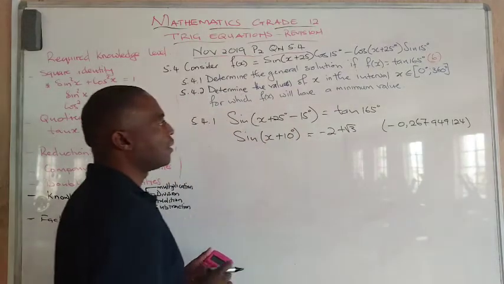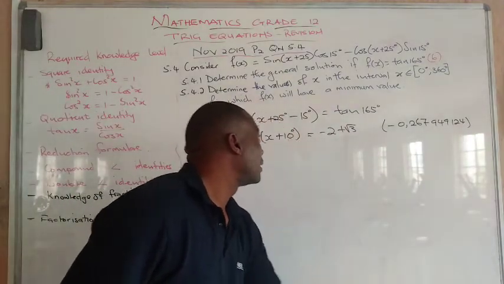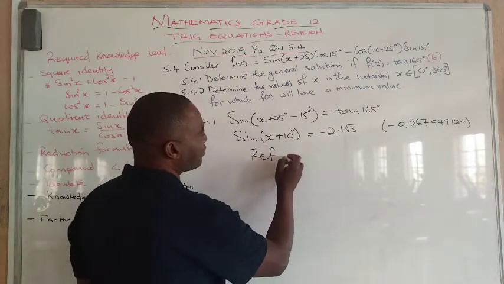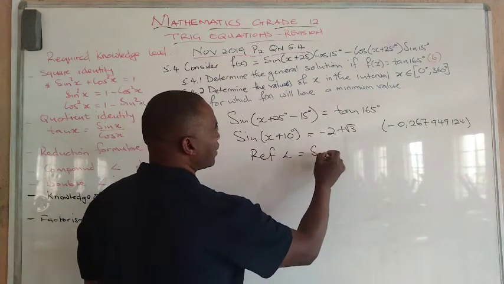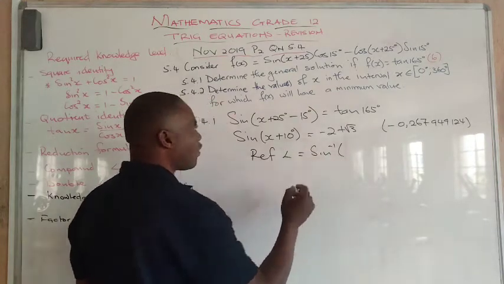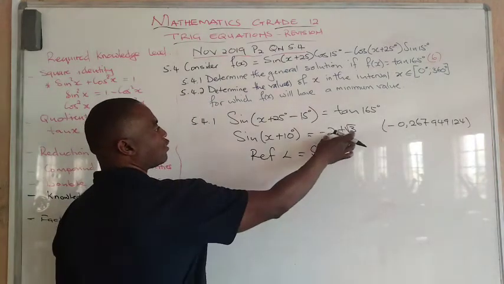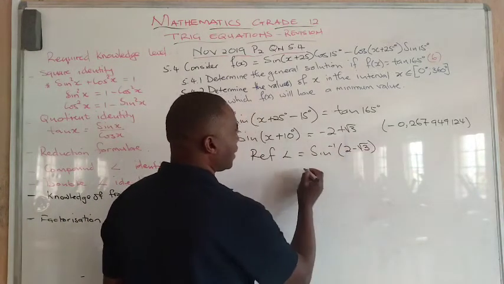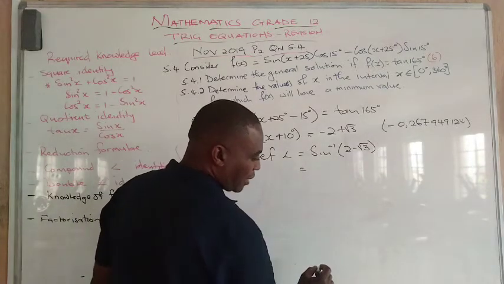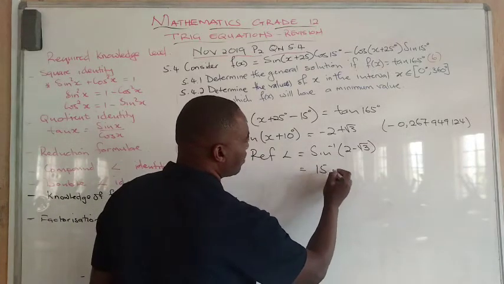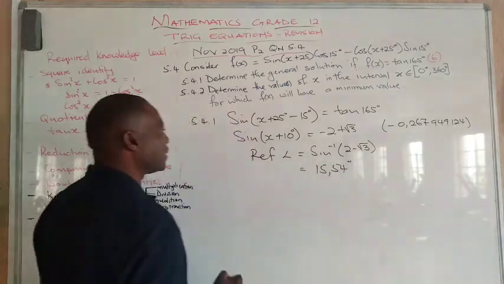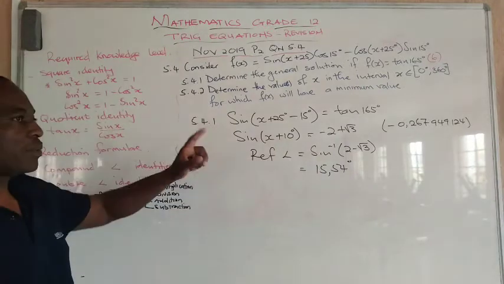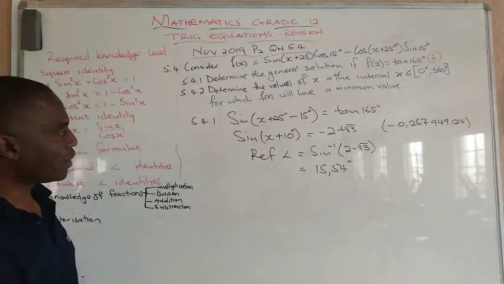0.267949124. All right. And then from here, definitely we need now to find the reference angle, which is sine inverse of the positive part of the ratio, which is 2 minus root 3. And this will give us 15,54 degrees. So the negative ratio is indicating that we have to go to quadrant 3 and quadrant 4.